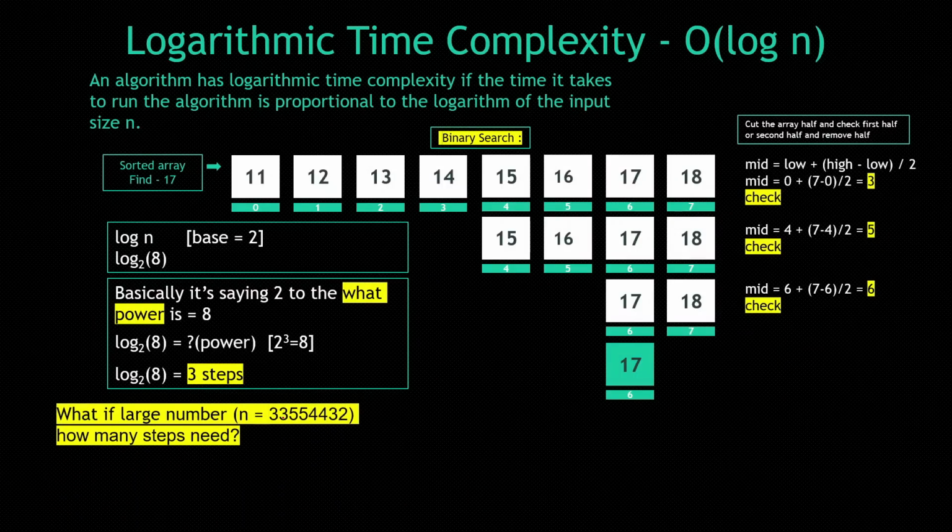What if the large number n equals 33,554,432? How many steps are needed? Let's calculate this. Log base 2 of 33,554,432 equals c.